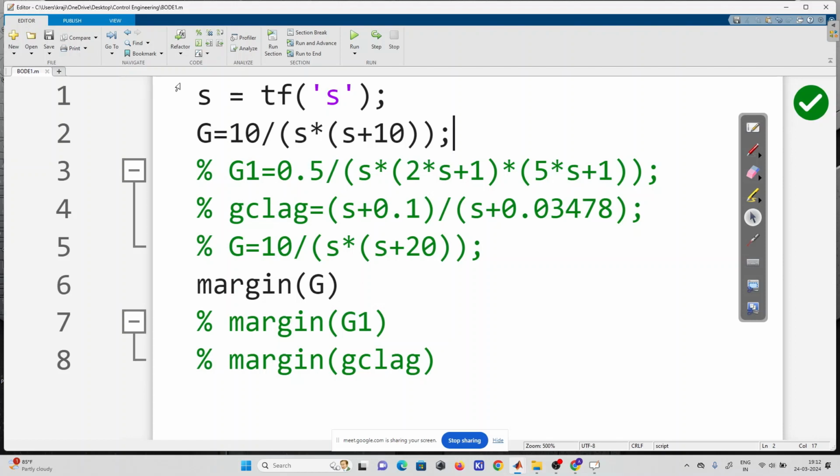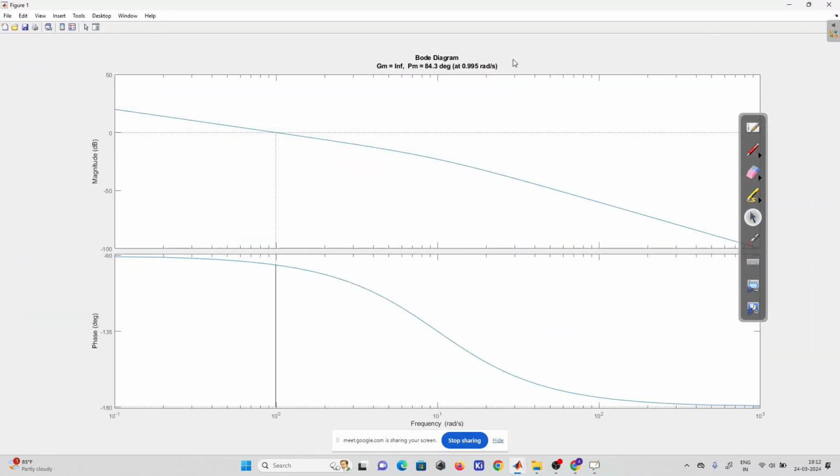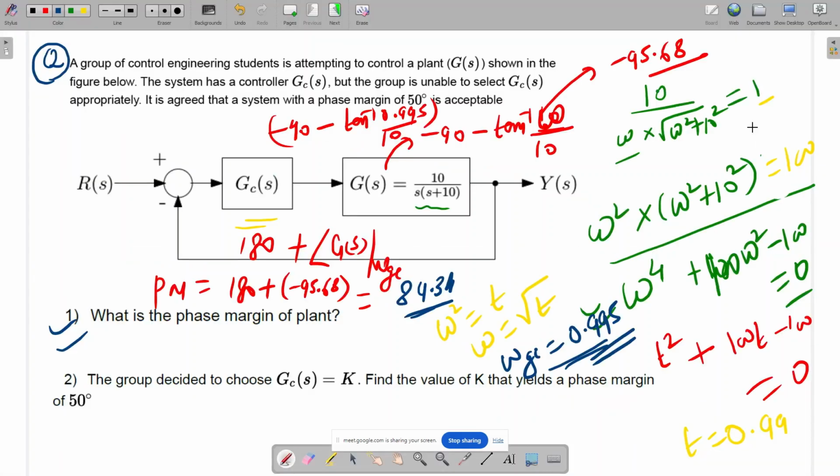Okay, so I'm going to run it. See how much we are getting: 83.4 degrees at 0.995 radian per second. Already we have calculated 84.3, and the omega gc that we calculated was 0.995, so it is correct.